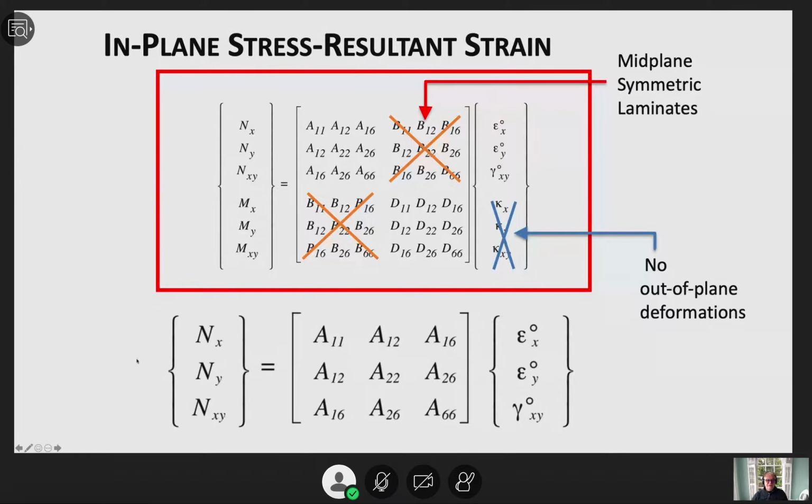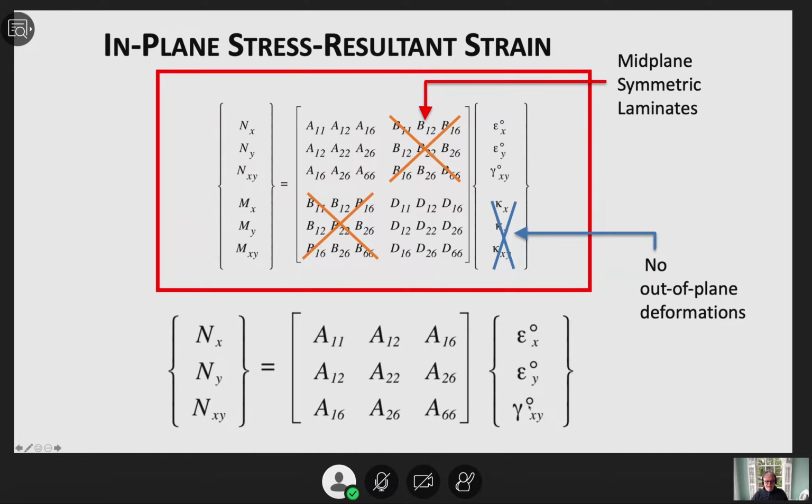And the resulting equations are basically this: Nx, Ny, and Nxy are only in terms of in-plane stiffness properties A11, A12, 16, all the way to 66, and then mid-plane strains epsilon x naught, epsilon y naught, gamma xy naught.